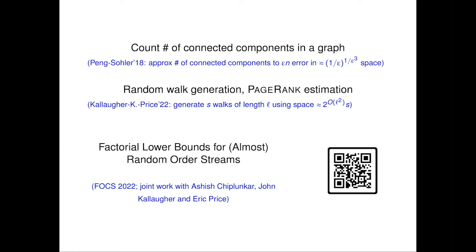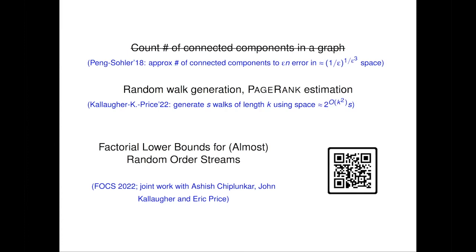There are some details here. And we show that one can basically solve this using space exponential in L squared, so exponential or worse in the walk length, times the number of walks to be generated. And we want to understand why such long-range exploration appears to require space exponentially large in the depth of this exploration in randomly ordered streams. Good. So that's the question that I would like to resolve.